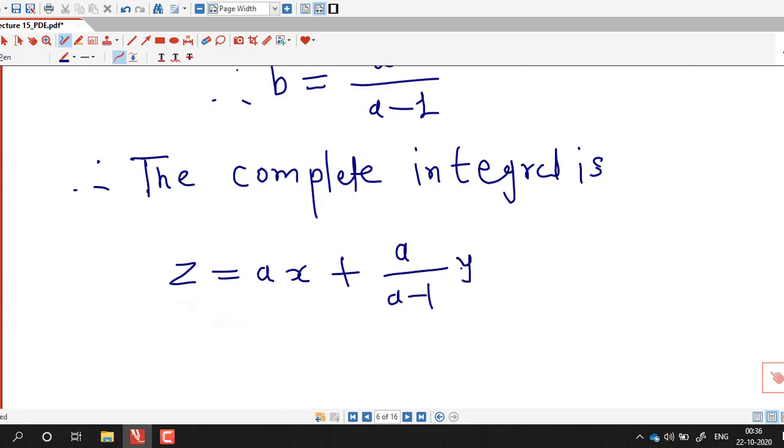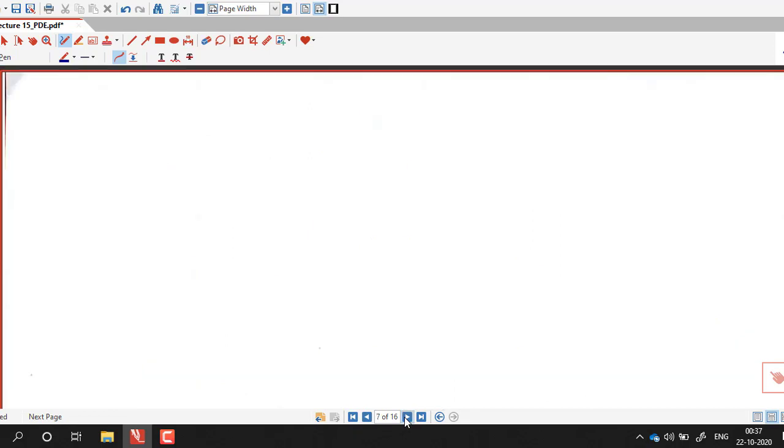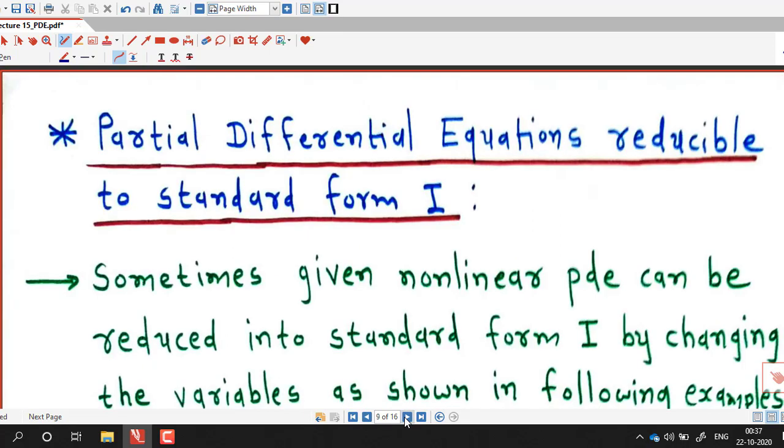This is value of b plus c, where a and c are arbitrary constants. So it is easy to find out the complete integral if our equation is in standard form 1.